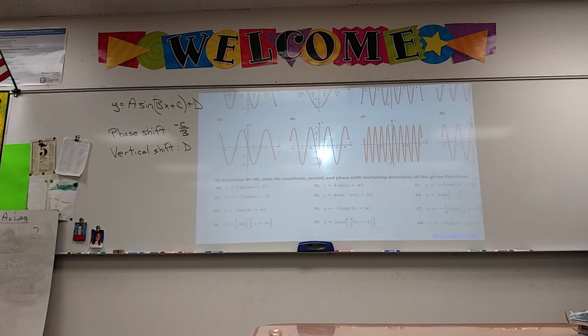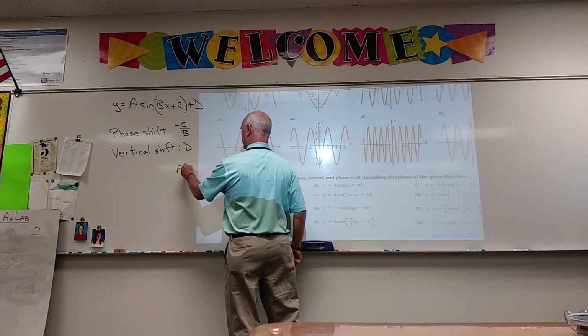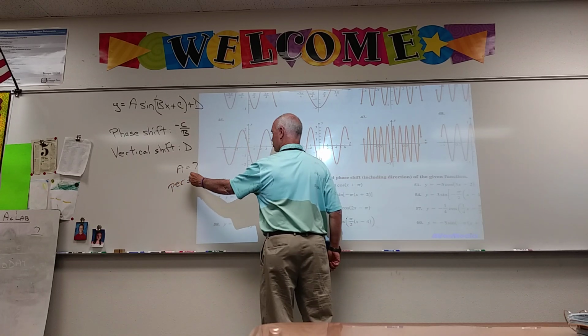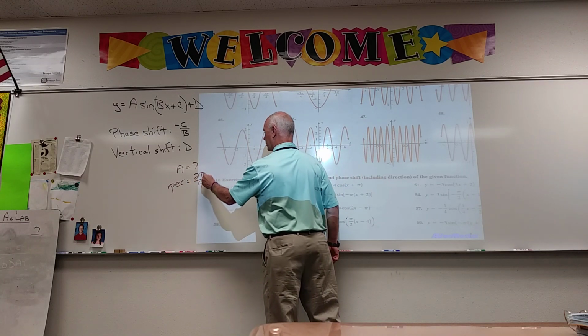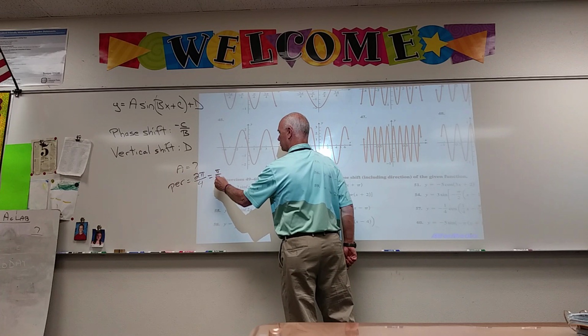Amplitude is always positive. So the amplitude for number 52 is 7. What is the period? Period is 2 pi over 4, which becomes pi over 2.